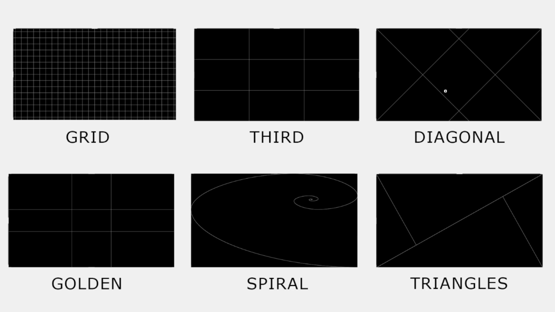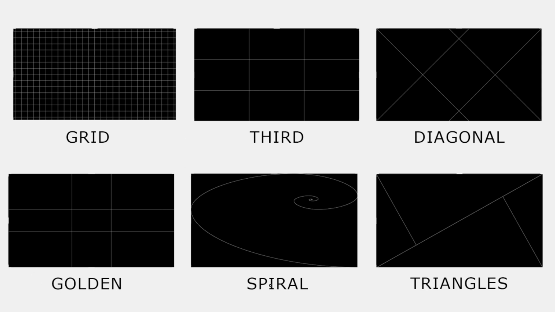For the diagonal one, your main object would be right here, or on any of these points. It's the same for the triangles, where your main object would be right here or here, and pretty much the same for the golden one, which is a bit smaller than the thirds one.